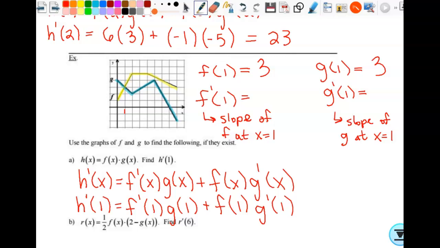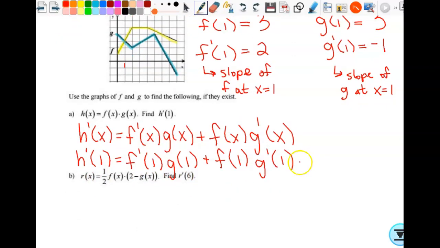No worries, it happens. Rise over run if you want. It's okay, you're allowed to forget things. Just relearn. So vertical change divided by horizontal change. That is an increasing function, so its slope is positive. All right, so then I need g prime of 1. What is the slope of g at x equals 1? Negative 1.